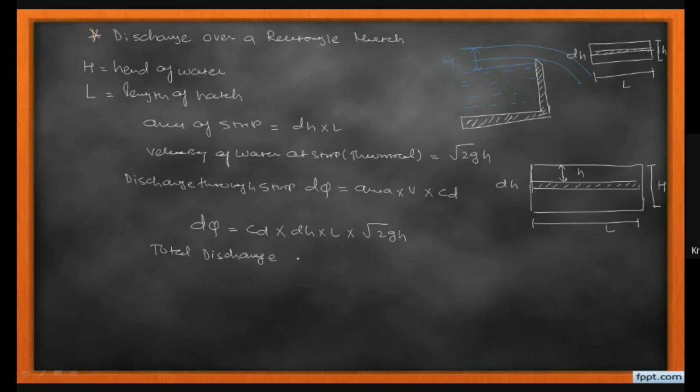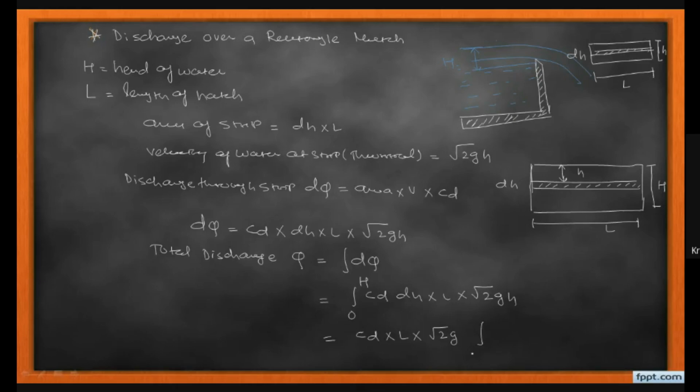Now for the total discharge, it is integration, indicated by Q, which equals the integral of dQ, and here we put down the value of dQ, so it becomes Cd into L into dh into the square root of 2gh, and here we integrate the height from 0 to capital H. Cd is constant, the length of the weir is also constant, and the square root of 2g is also constant.